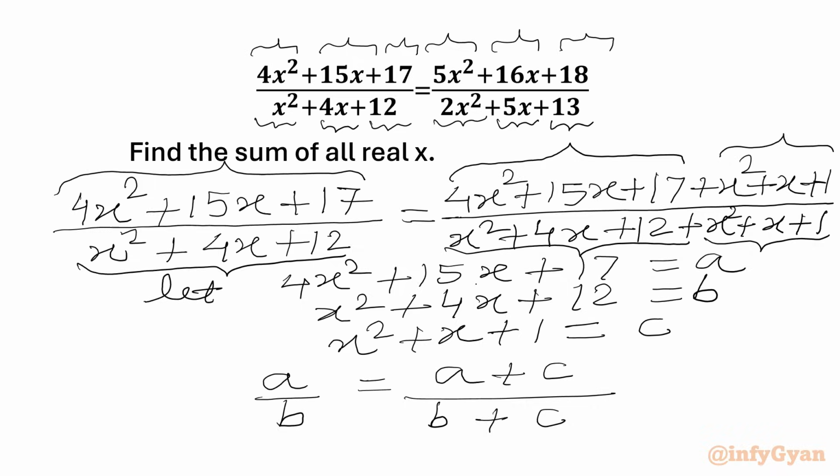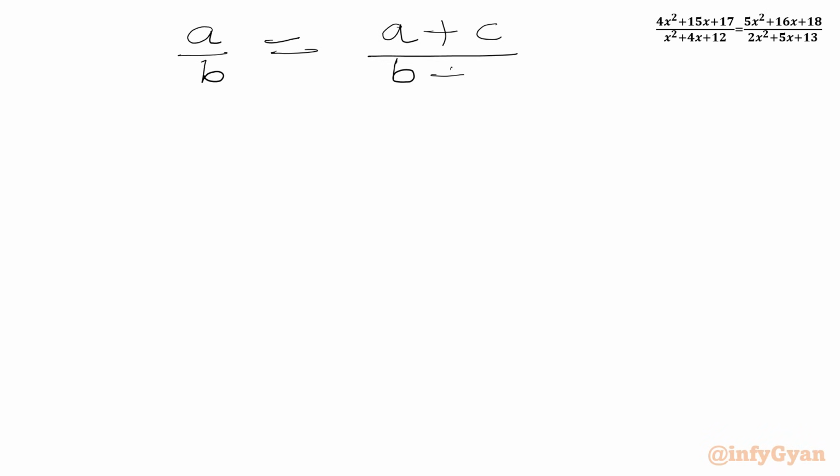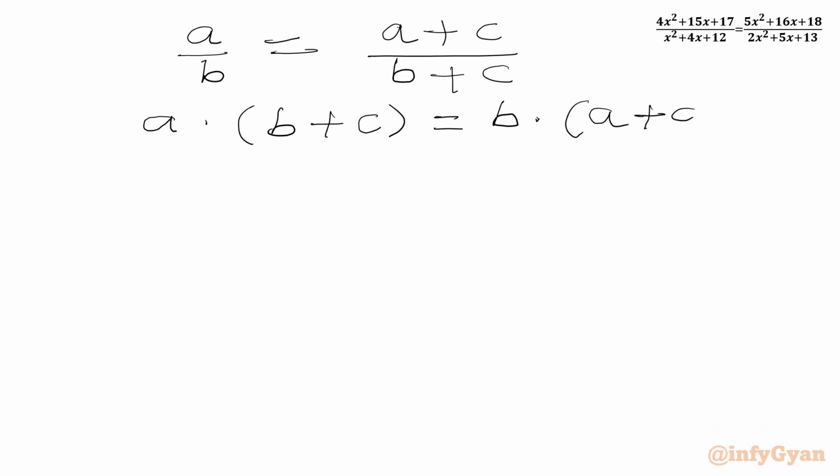Now we will cross multiply. A/B = (A + C)/(B + C). Now we will write A times (B + C) will be equal to B times (A + C). Let's expand.